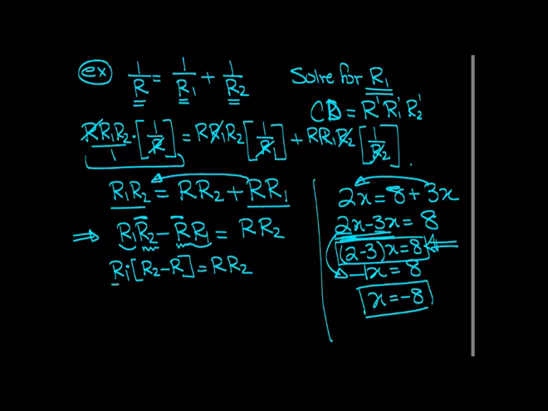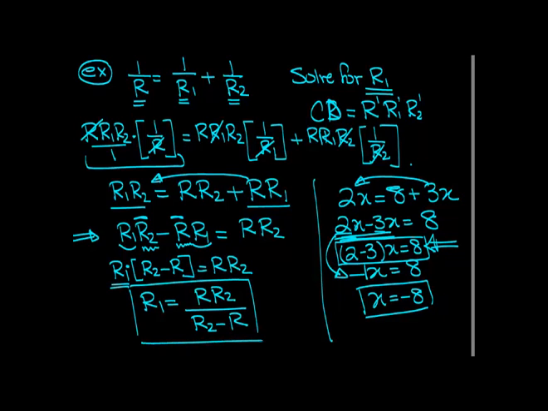Our goal is to isolate R1, so we divide both sides by R2 minus R. So we get R1 is equal to R times R2 divided by R2 minus R. And there's your answer for that. So when you do these problems, if you're solving for a certain variable and you cannot combine the terms of that variable, then just factor that variable out, and then you'll get a nice chunk that you can divide both sides by.